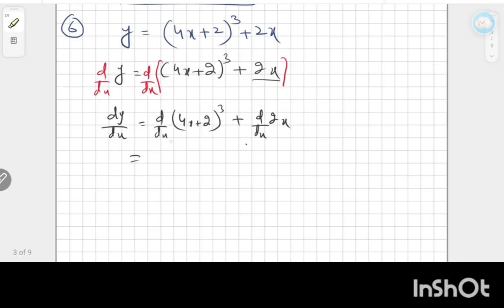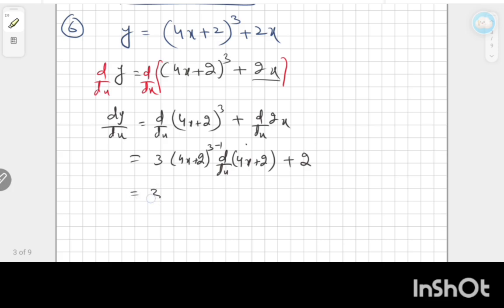Applying the derivative, the power will be at the start. So there is (4x plus 2) to the power 3 minus 1, and take the derivative without the power term, 4x plus 2. Very simple. And what is the derivative of 2x? We know that its derivative is 2.